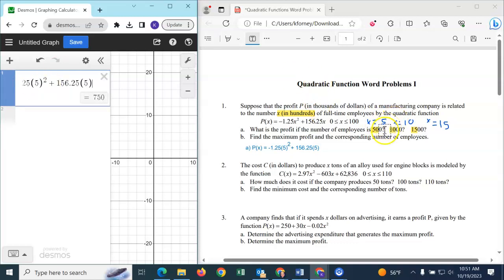So this means when there are 500 employees, your profit is 750 because our profit is in thousands.